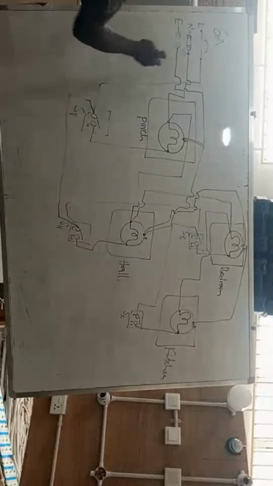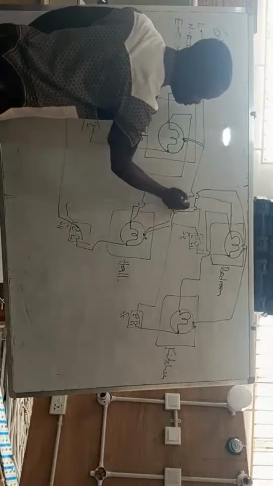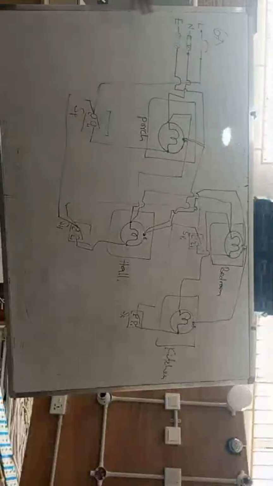Okay, so we have earth here, then we loop to earth here, then we loop to earth here, then we loop to the last earth. So in this case, we are done with the lighting point.